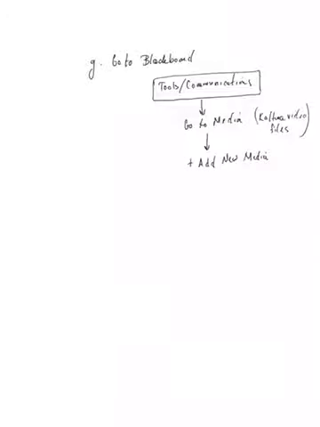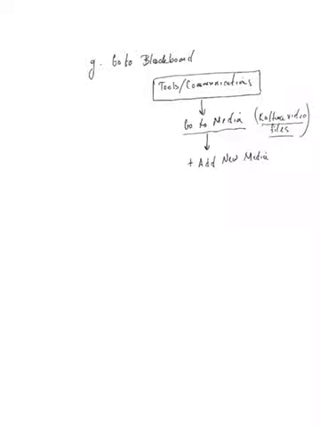Okay, so now what I do is once I get that message, go to Blackboard, and under Tools and Communications on the left-hand side, click that button, and then under Tools and Communications you'll see Go to Media. And once you go to Media, then you're going to see all of your Kaltura video files.